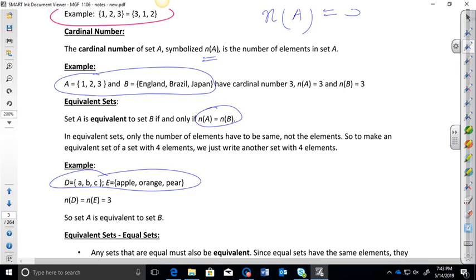So you will get a problem. You get 2 sets. You have to say equal, equivalent, both, or neither. You don't pick equal, right? Because if it's equal, it's already equivalent. So you pick both. So anything that is an equal set is going to be equivalent. It's both, because obviously, same number. Equal is automatically equivalent, but equivalent doesn't have to be equal. So you don't choose equal at all.